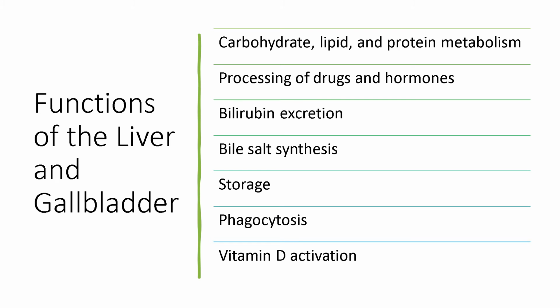Now every day the hepatocytes secrete about 800 to 1,000 milliliters of bile. Now bile is this kind of yellowish brownish liquid, and it has a pH of about 7.6 to 8.6, and it consists mostly of bile salts, cholesterol, and several ions.